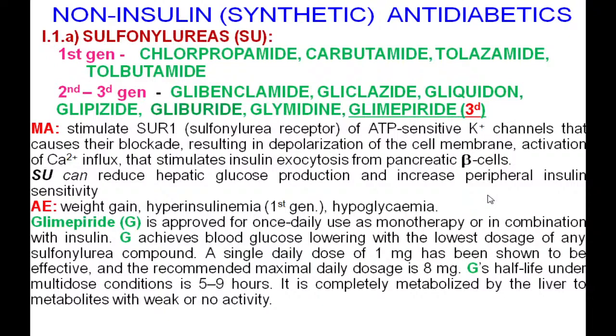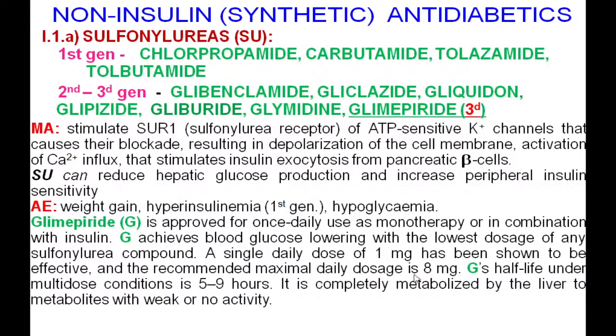One of the most popular nowadays is glimepiride. Glimepiride is approved for once daily use as monotherapy or in combination with insulin. It achieves blood glucose lowering with the lowest dosage of any sulfonylurea compound. A single dose of this drug is 1 milligram.